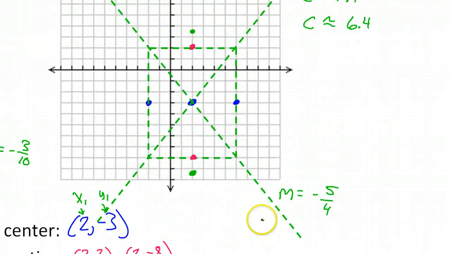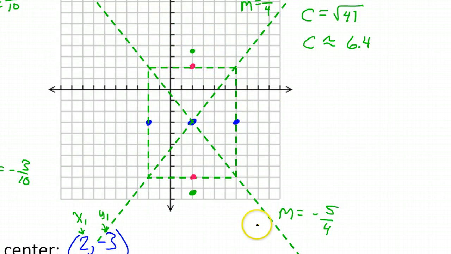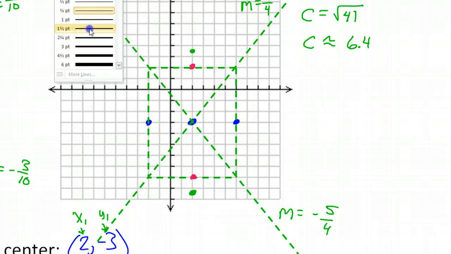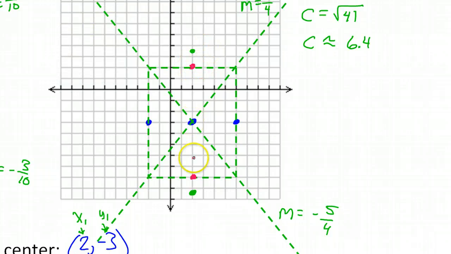Now let's go ahead and finish this off by actually drawing the two branches. Okay, so we see that the vertices are here and here. So we will go ahead and allow these to approach the asymptotes like this.